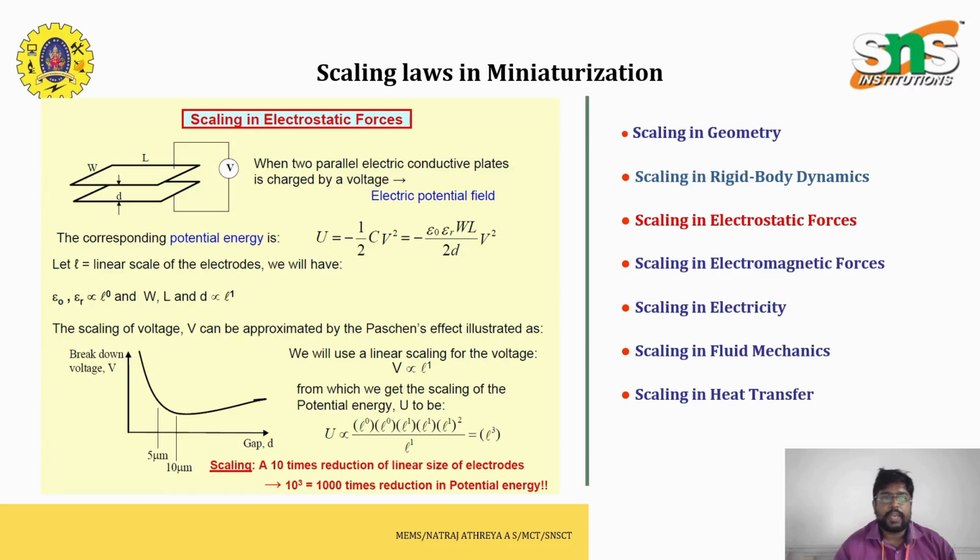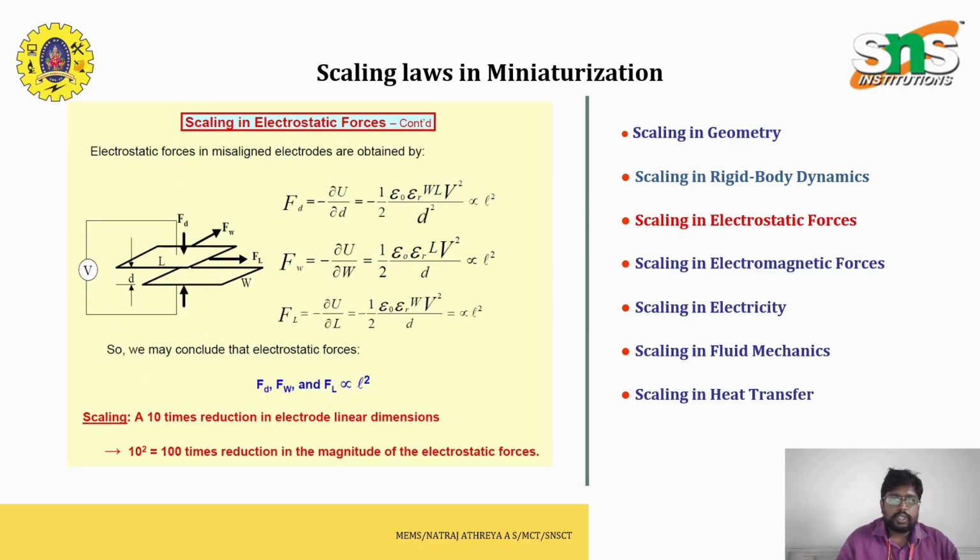Let's see how the electromagnetic forces fare. Before going to electromagnetic forces, we'll use the equation to find out the electrostatic forces experienced on the parallel plates. For FD, we partially differentiate with respect to D, and thus we get L power 2.